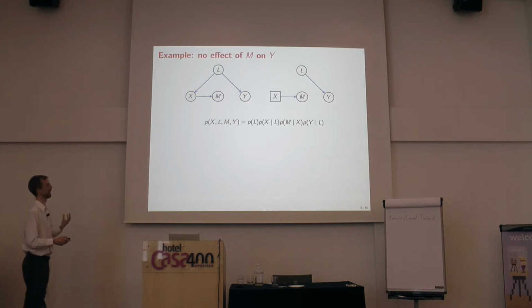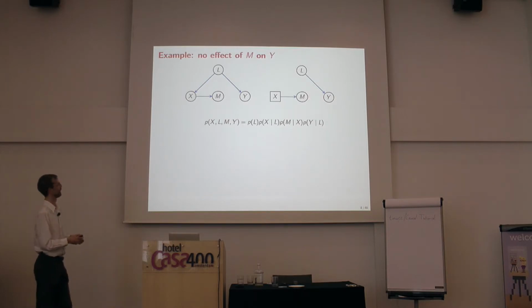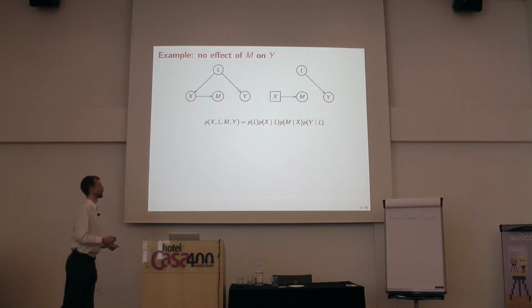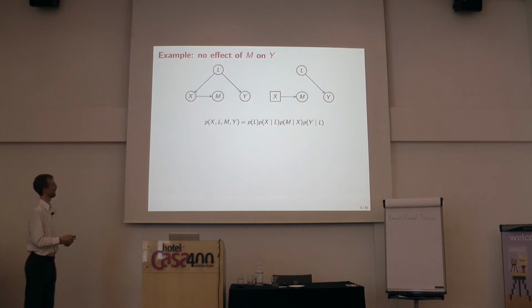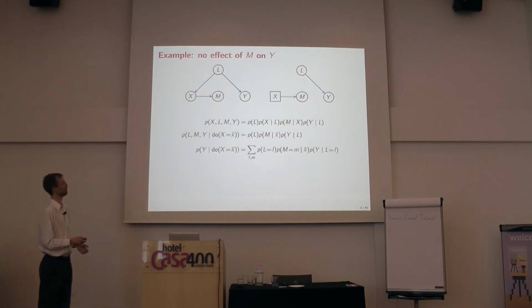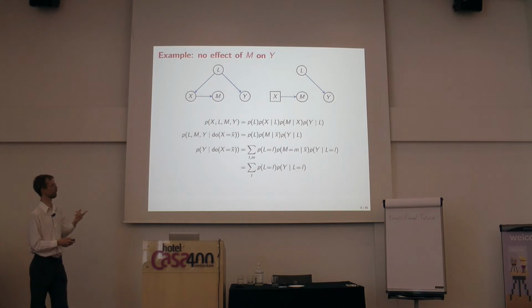So if we get rid of that edge, then here is our observable distribution before we do our intervention, and when we intervene on X, we then get this graph over here. And then if we were to sum out L and M, simple algebra shows we can sum out M. We then get to this expression, which then lets us sum out L.